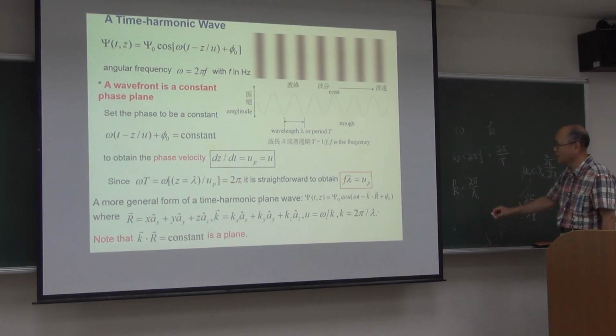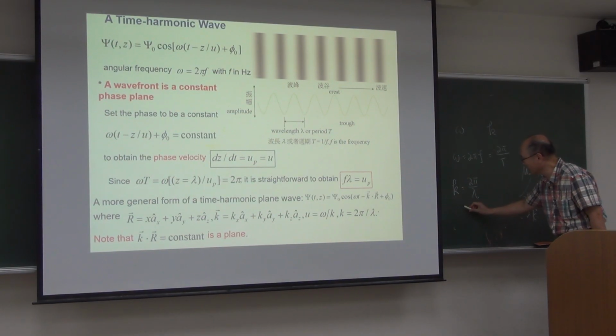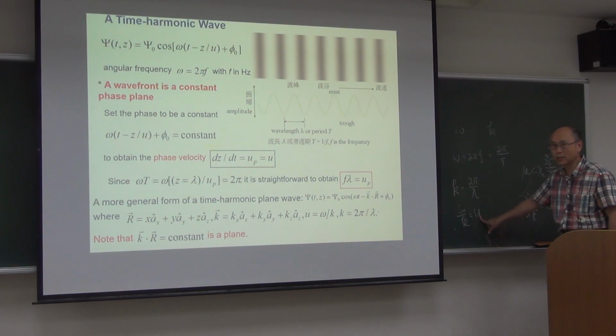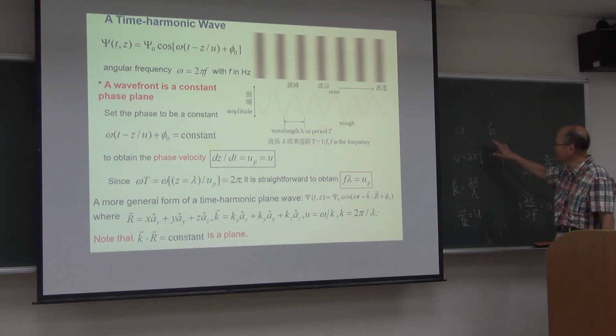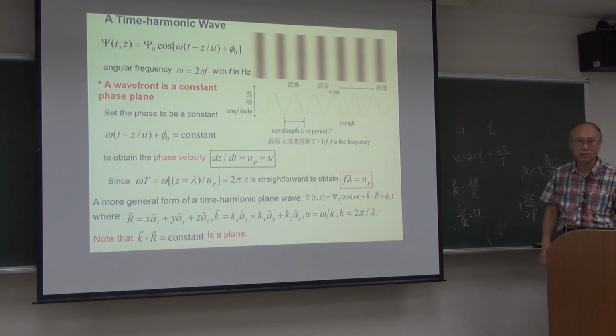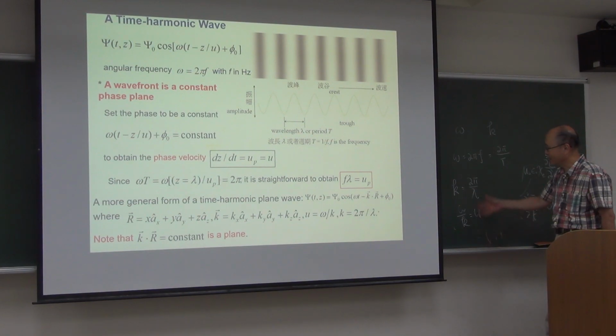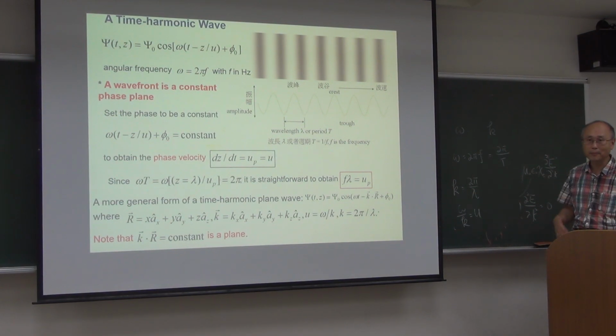Okay. And there's a relationship between omega and k. That is the phase velocity of the wave. So those are important things that you want to always remember when you deal with the electromagnetic wave. The temporal period, spatial period, and the ratio gives you the phase velocity.